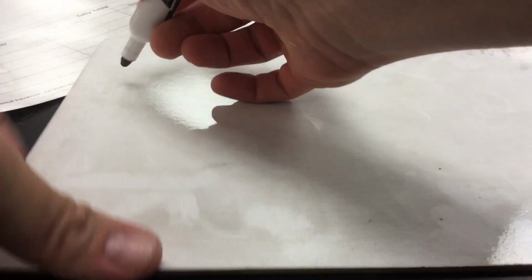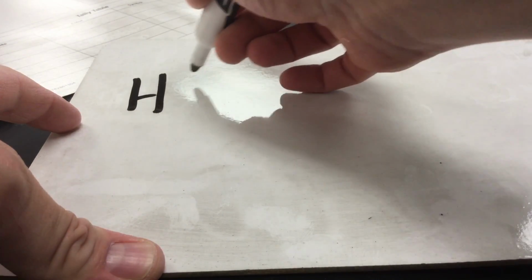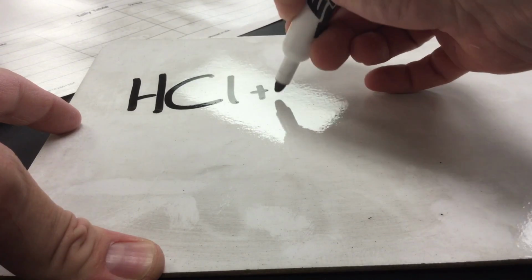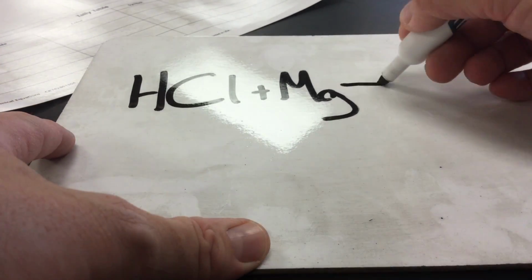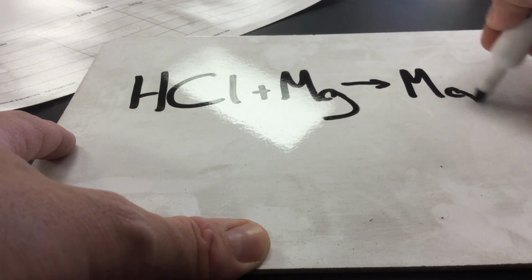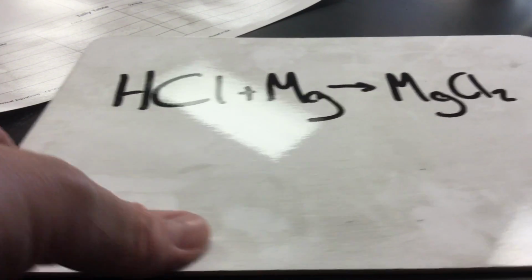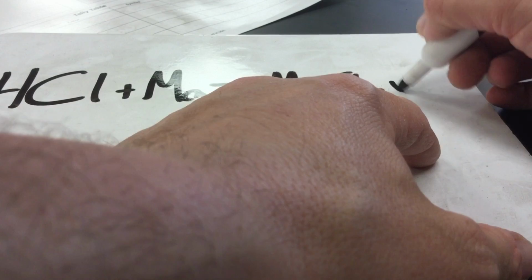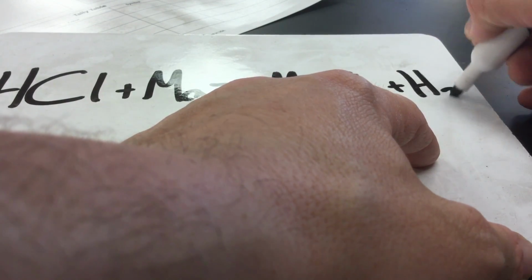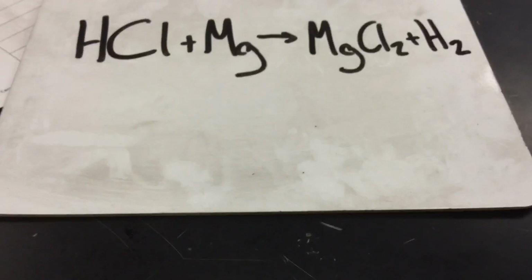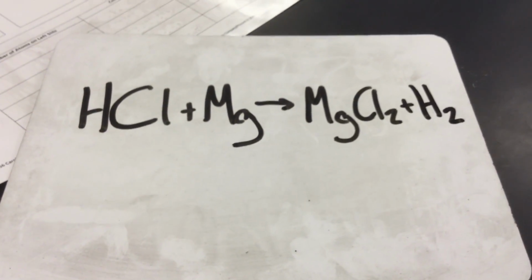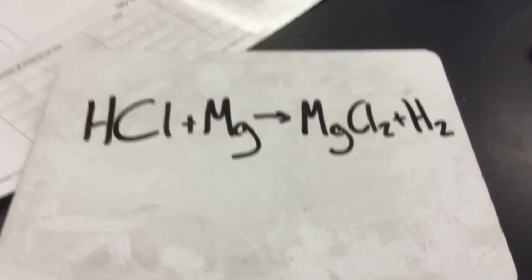What you just witnessed was hydrochloric acid, HCl, reacting with magnesium to produce magnesium chloride and hydrogen gas. So we use the chemical symbols to represent the chemicals in the reaction.